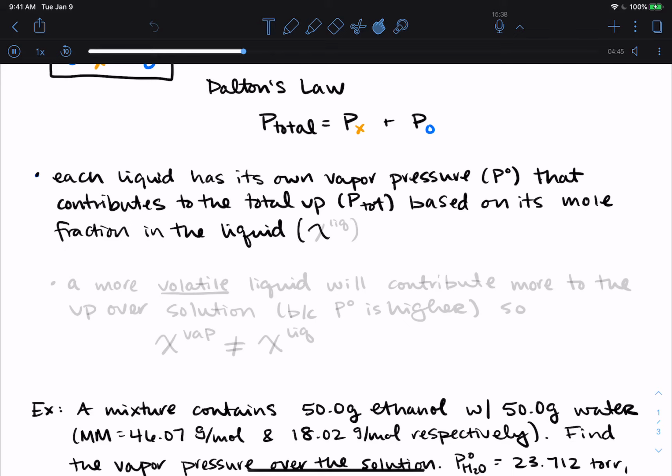So that would be the chi with the superscript LIQ to indicate that it's in the liquid.